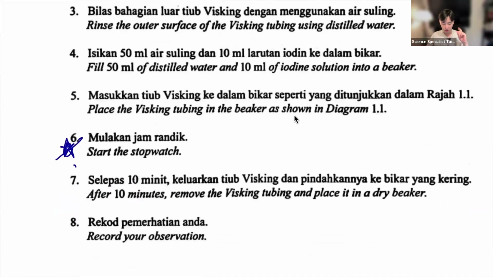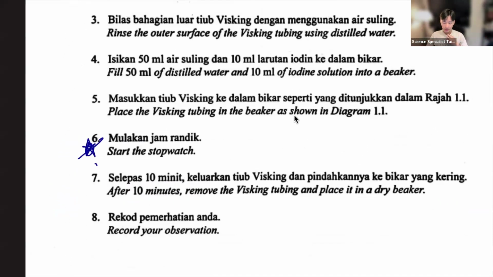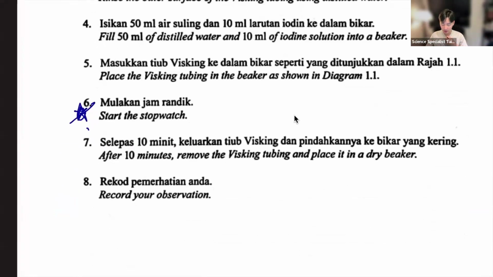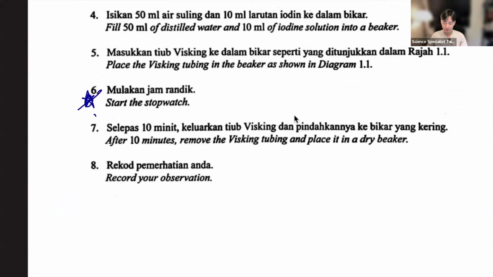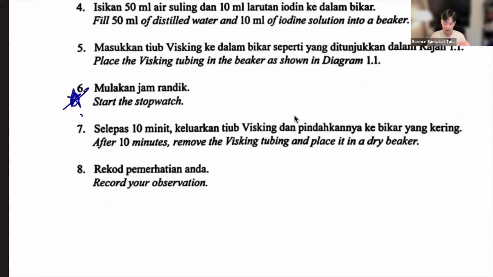Okay, stopwatch, remember. After 10 minutes, remove the whisking tubing and place in a dry beaker. So you just follow lah. And see what? See the color change in the whisking tubing.